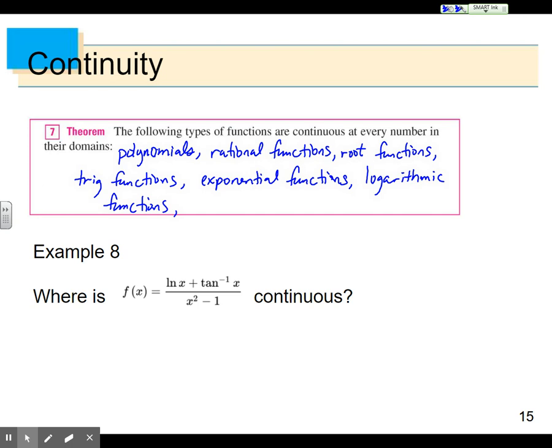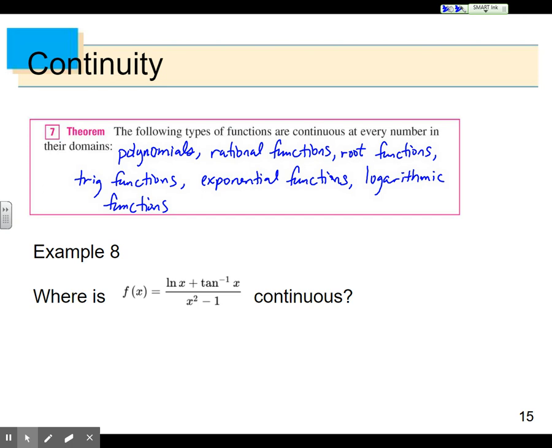I'm actually done with my list. All these functions that we've already talked about, you know, there's some exceptions in there, but a lot of them that we talked about, if they're defined at a number, they're going to be continuous at that number. One group several years ago called this a chandelier theorem. It kind of covered all of our types of functions that we talked about.